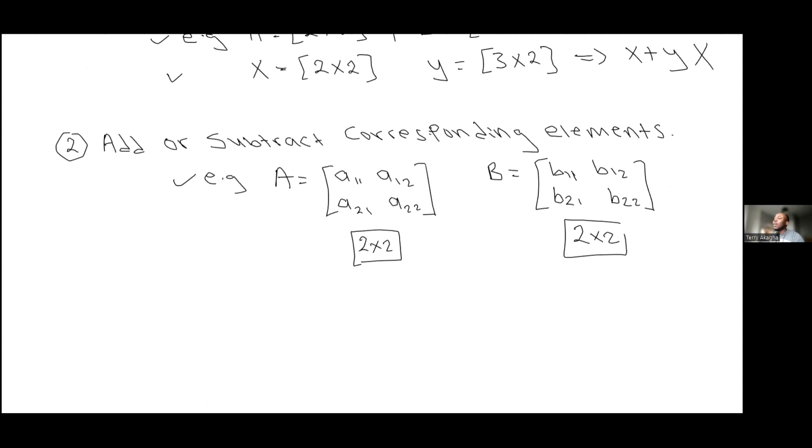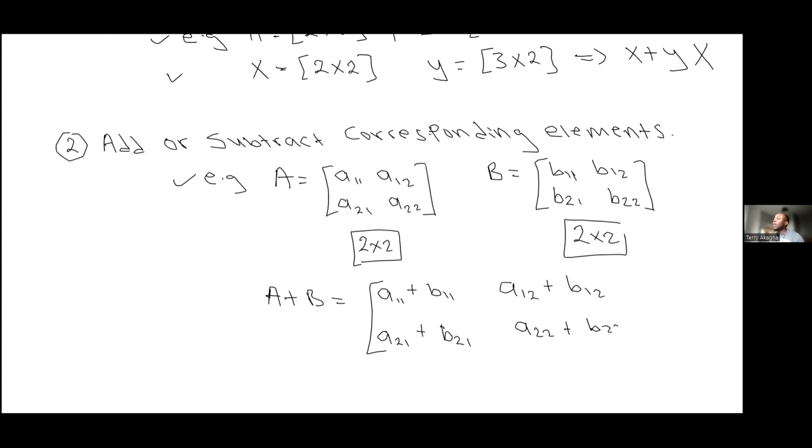If you're adding A plus B, you add the ones in the same position. So it becomes A11 plus B11, then A12 plus B12. You're adding the corresponding elements. The same thing: A21 plus B21, then A22 plus B22.